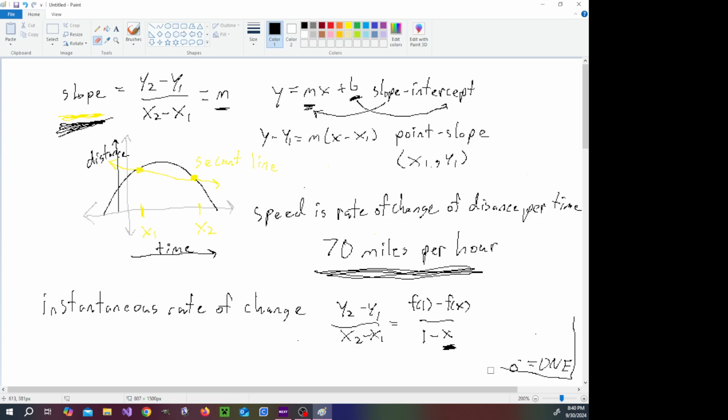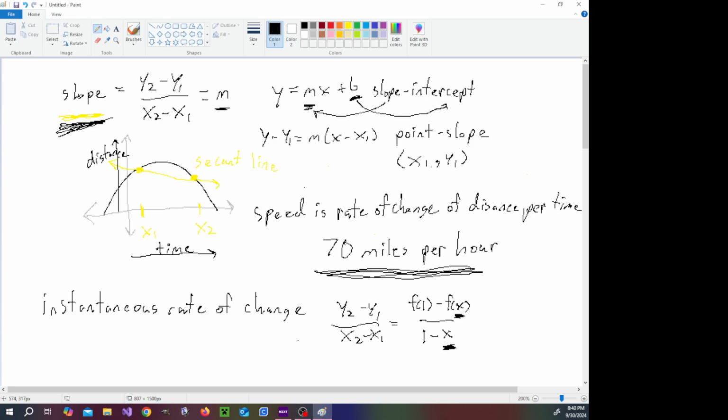If I can't literally do 0 over 0, if I can't plug the same value in for both of my x's here, then what if I just say one x gets infinitely close to the other?